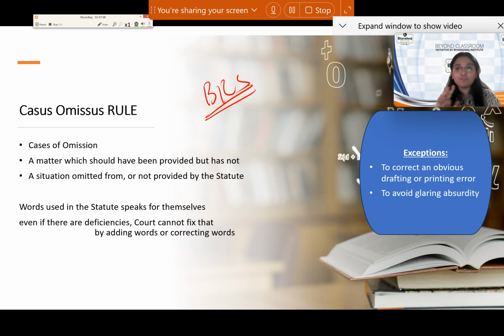In cases of omission in law, wherever we feel extra words are required or short of words, we will not add them, we will not correct them. That's the meaning of the rule. This is our casus omissus rule. Clear?